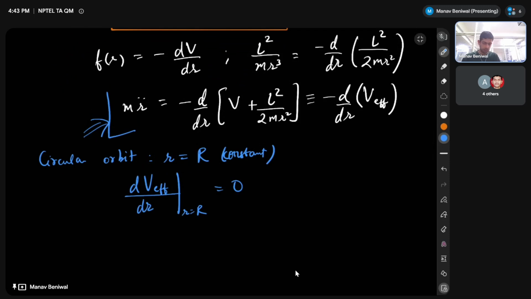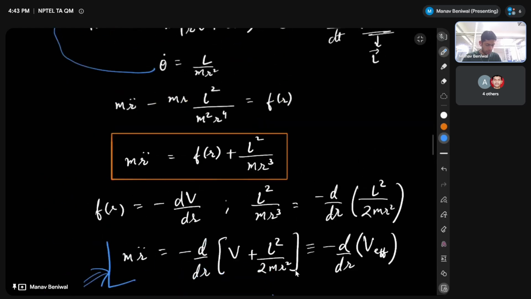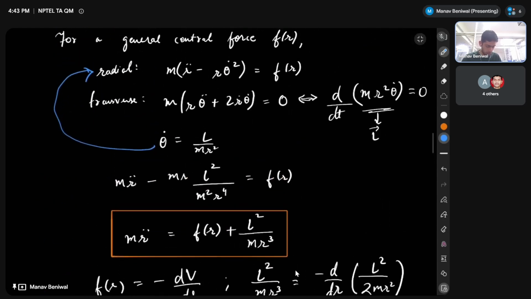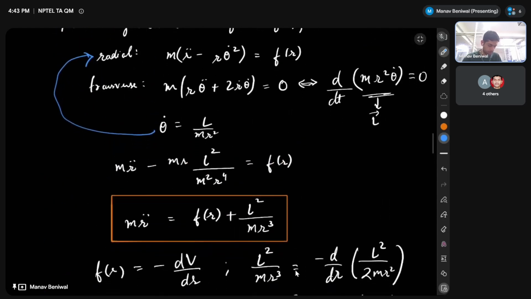And if I go back to my earlier equations, let us focus on the radial component.